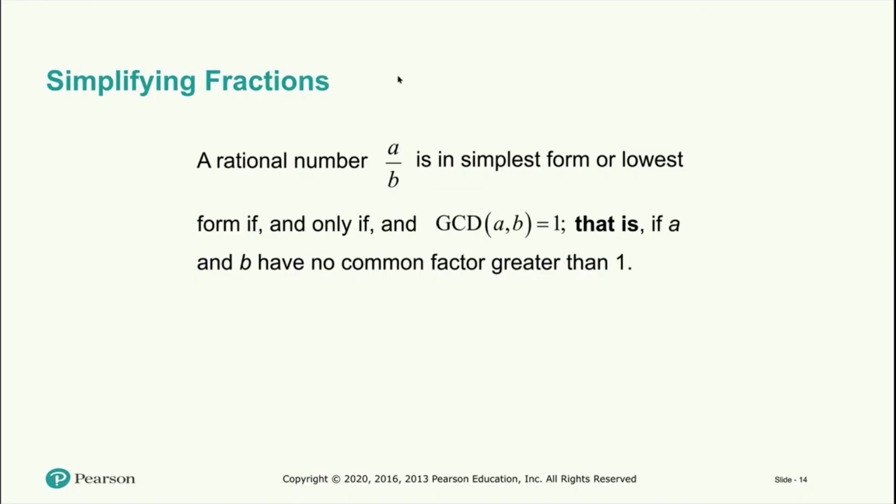All right, so as we mentioned already, a rational number a over b is in simplest form or lowest form if and only if the GCD of the two numbers a and b is 1. That is, if a and b have no common factors greater than 1. Remember that we can also say in that case that a and b are relatively prime.